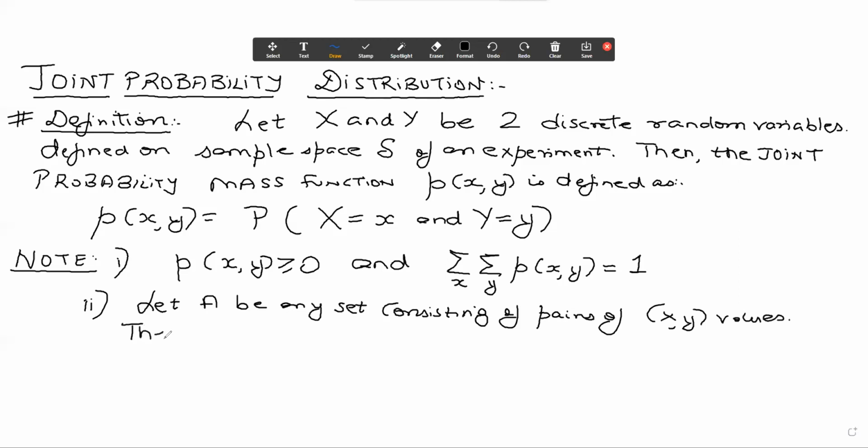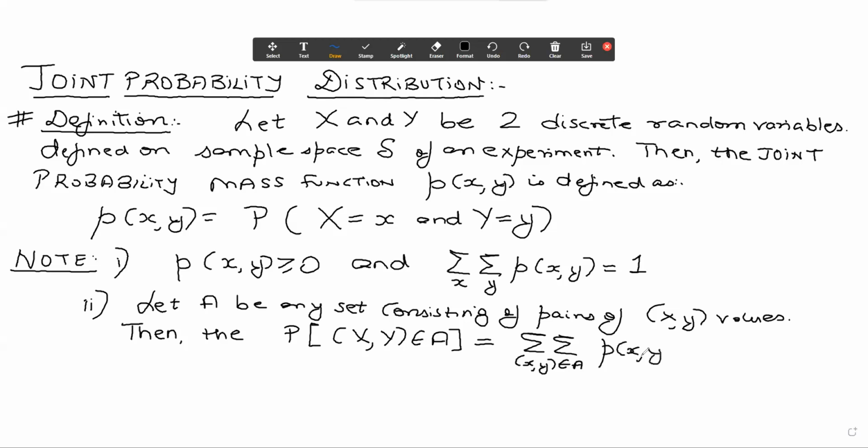Then the probability that the random variable x comma y belongs to the set A is summing up over small x comma y belonging to A, P of x comma y.